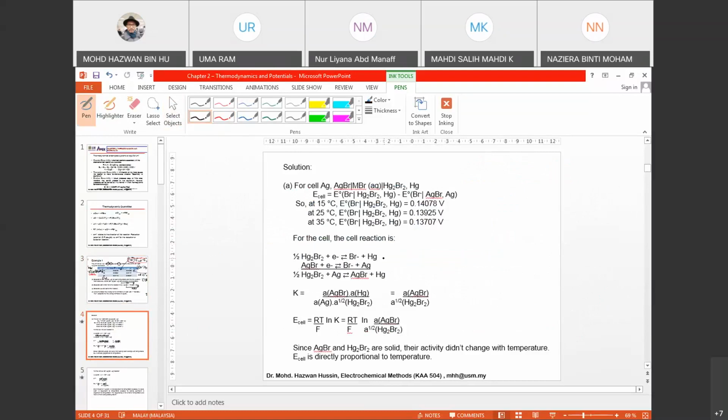Then the next question, still in question A, asks what would be the representation. Since we already know that the equation is basically Ag plus Hg2Br2 gives AgBr plus Hg, maybe we need to balance the equation a bit.